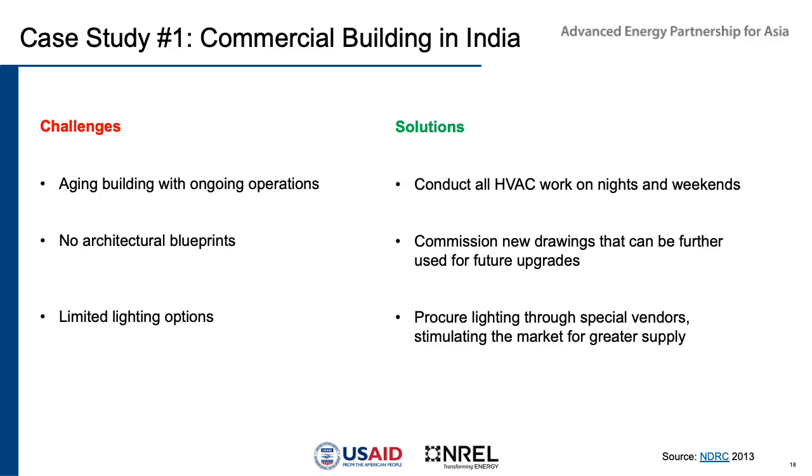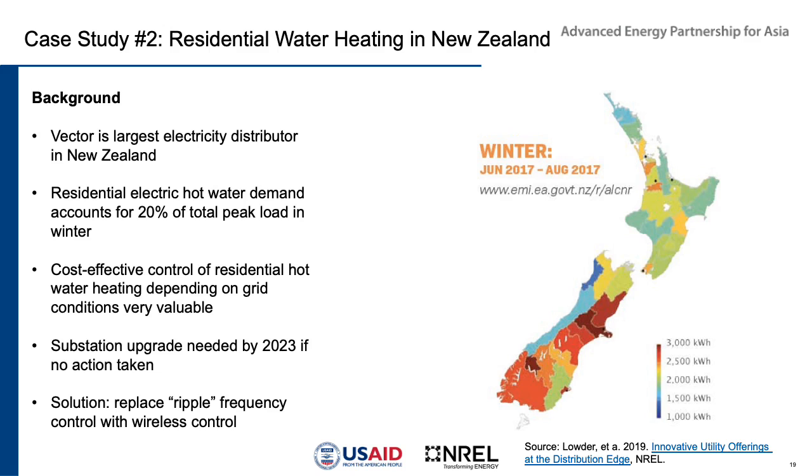And the solution that they came up with was to replace the old-fashioned, what's called ripple frequency control, to turn on and off hot water heaters with a wireless platform. And in the old ripple frequency control, the utility is able to send out a very low frequency pulse into the grid, and all the water heaters that receive that pulse on the grid will respond by either turning the system on or off.